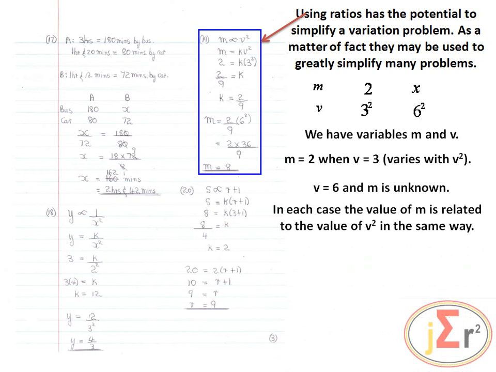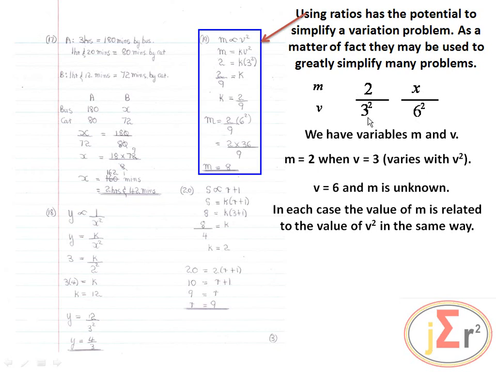In each case, the value of m is related to the value of v squared in the same way. So, because we are talking about a variation problem, any value and its corresponding value are related in the same way as this one is related to this.